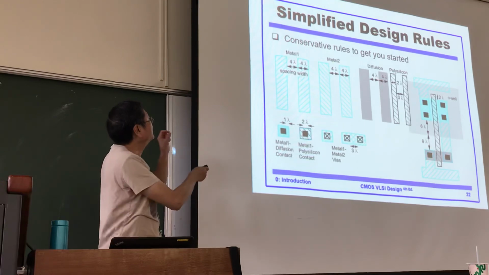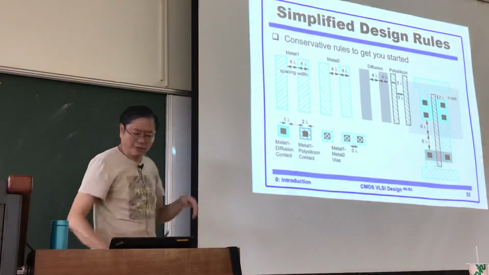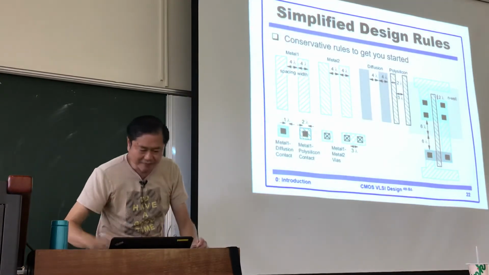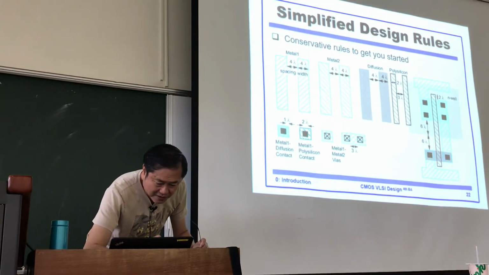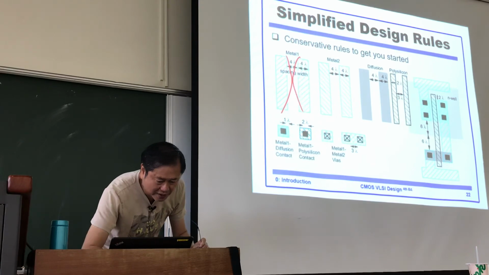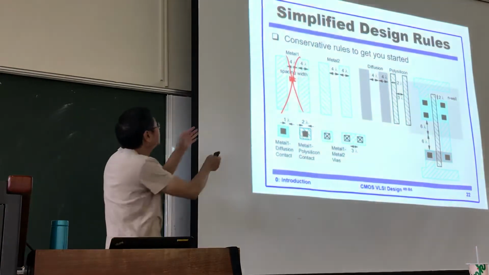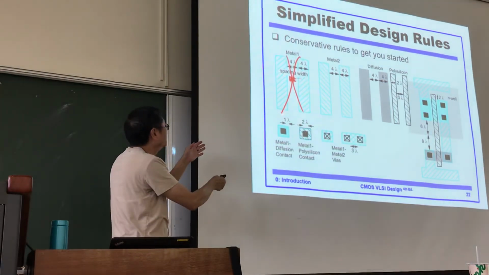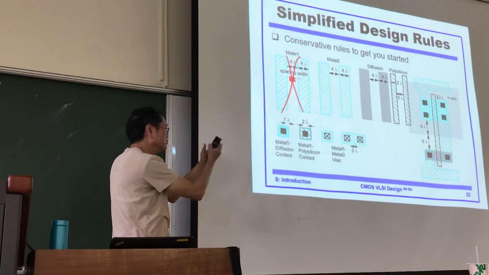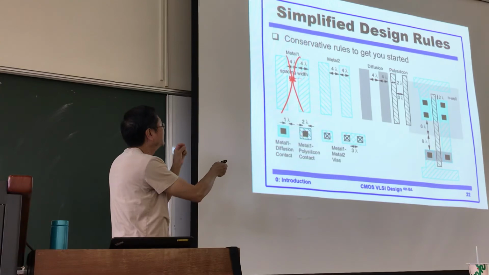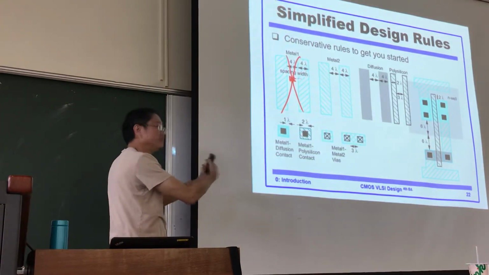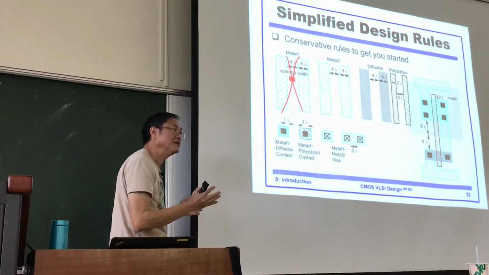If you do not have 4 lambda between 2 metal wires, it could be possible that somehow they touch together. Because of the inaccuracy, the wires could be too close to each other, and 2 wires can touch together, which is wrong, right?